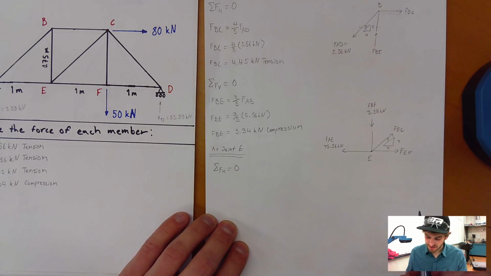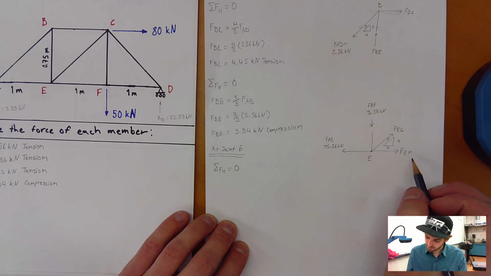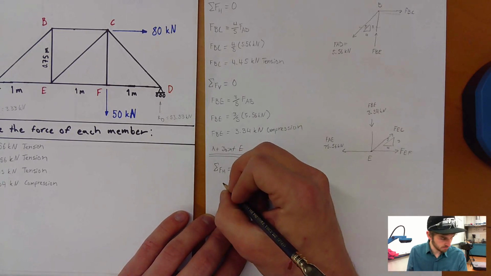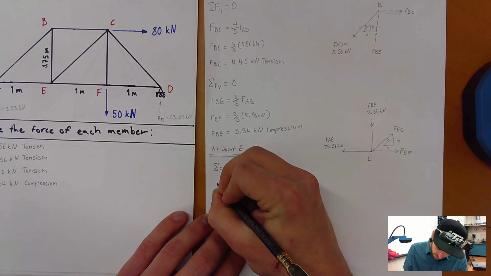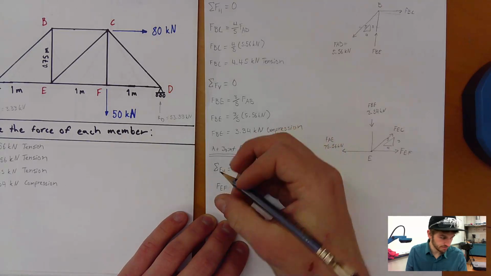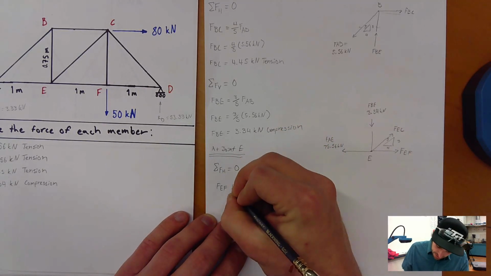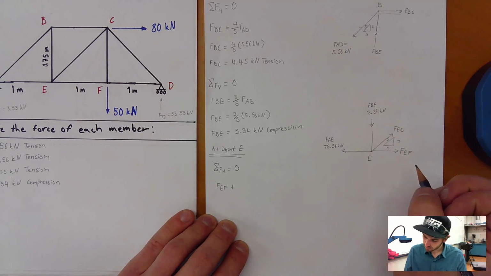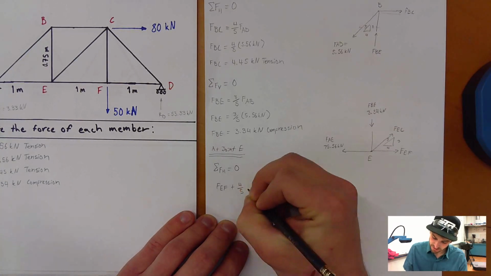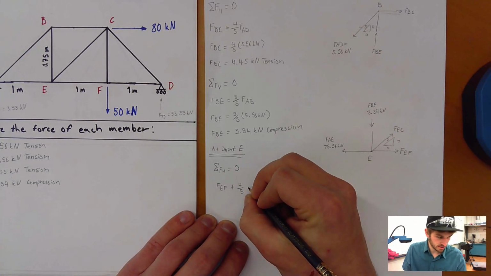So we have the forces in the EF direction plus four-fifths of the forces in the CE direction.